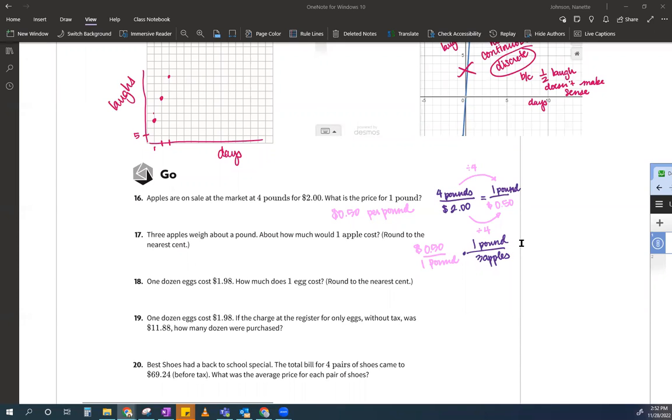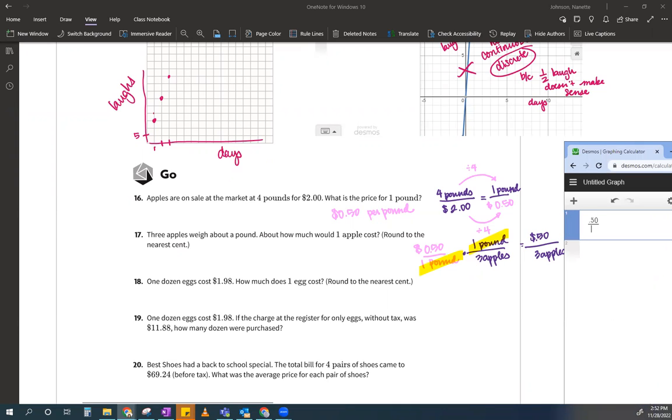So I get 50 cents for 3 apples. And you're going to say, well, where did that 1 pound go? Well, 1 pound divided by 1 pound is 1, right? So you don't have to think about them. So 50 cents divided by 3 apples gives me about 17 cents. So I'll write that as my answer.